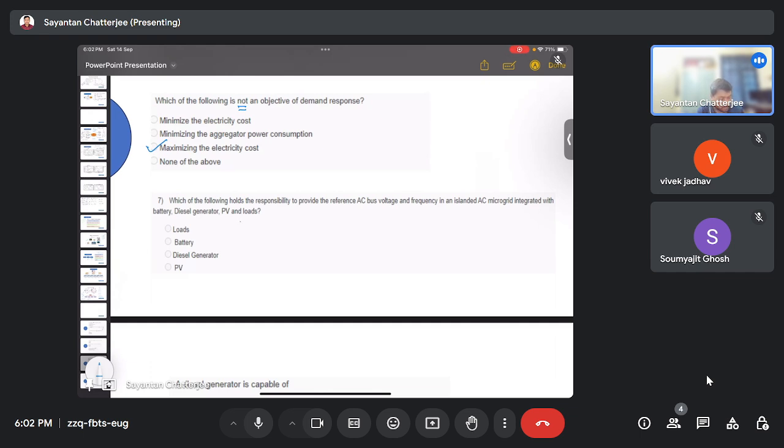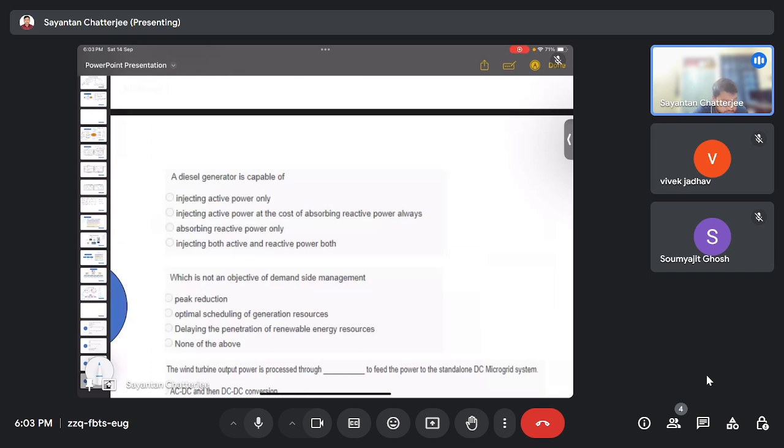Which of the following holds the responsibility to provide AC reference bus voltage and frequency in an islanded AC microgrid integrated with battery, diesel generator, PV and loads? Diesel generator.